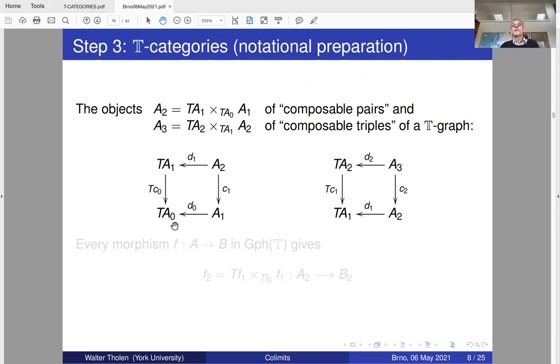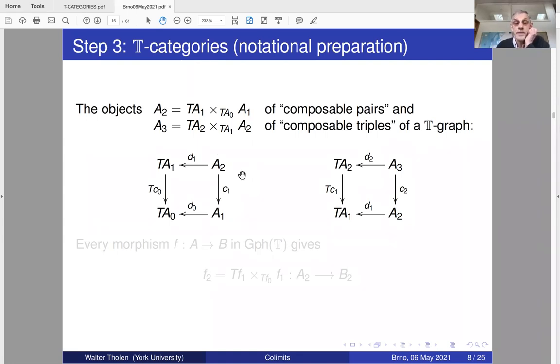In order to now have the composition morphism, you have to get a little bit higher up. You have to have an object of composable pairs, and to talk about associativity, you have to go one level further and even talk about composable triples.